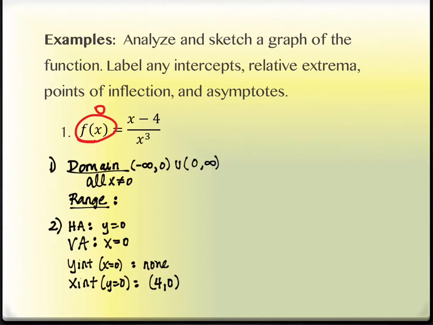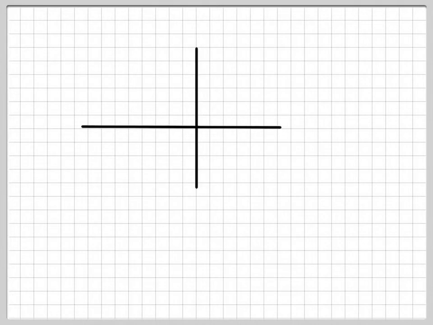So if you want to start with pieces of the graph that we've identified so far, we can do that. Sketch yourself a graph. I've got grid paper. That's kind of cheating, but you can get your own grid paper later if you wish. We have a few pieces of information. We said we have asymptotes at x equals 0 and at y equals 0. That's the axes.